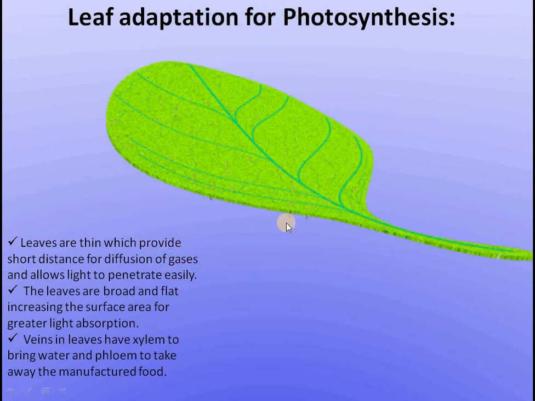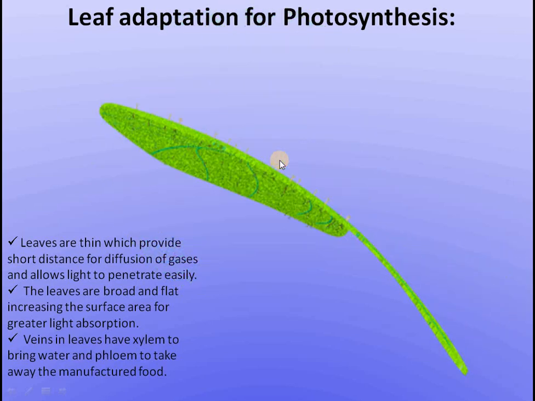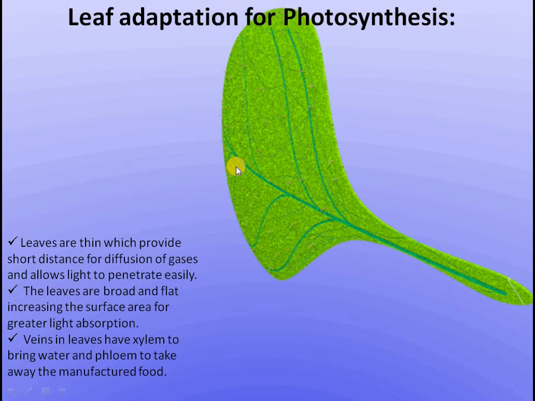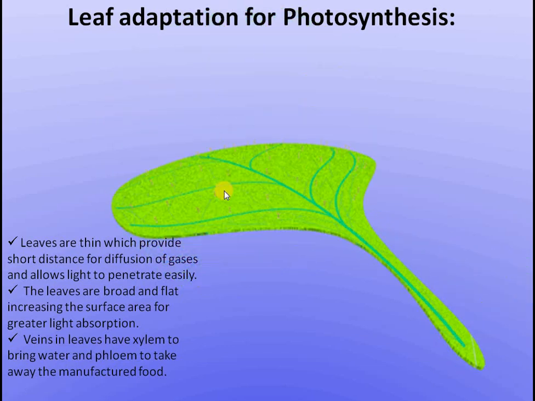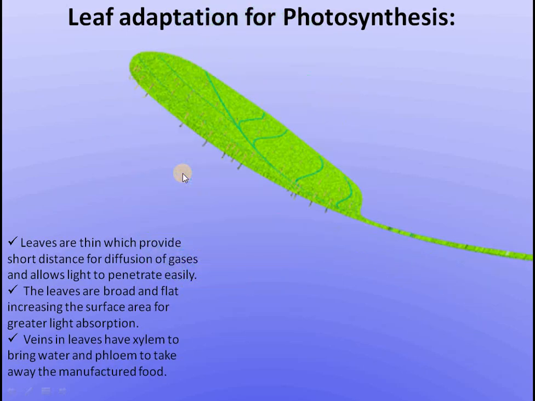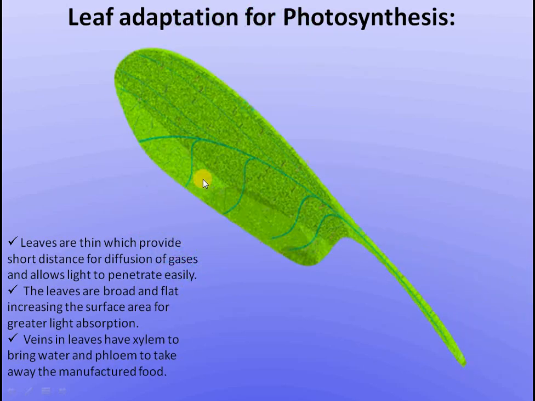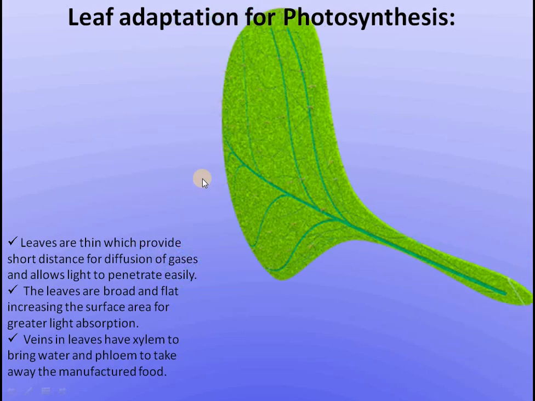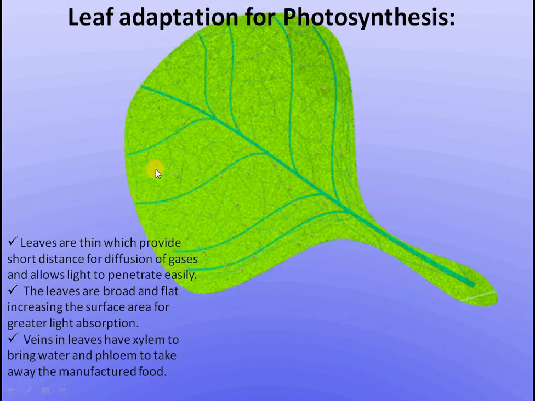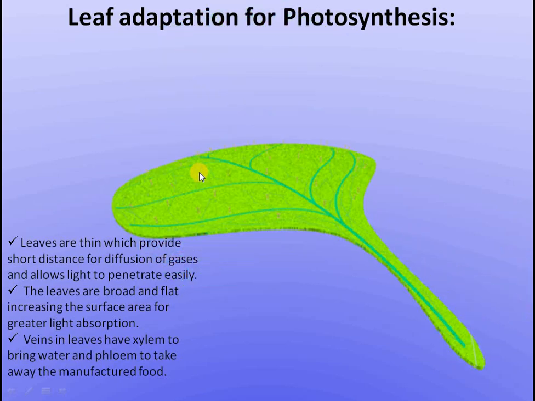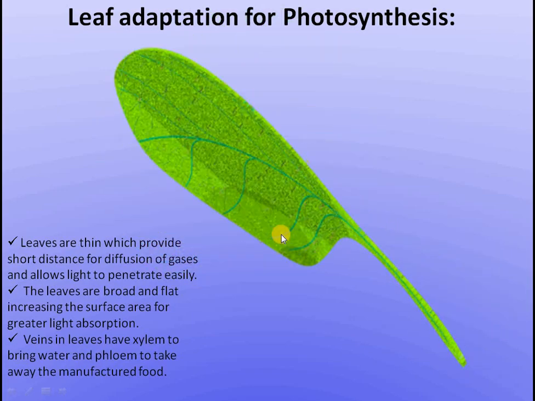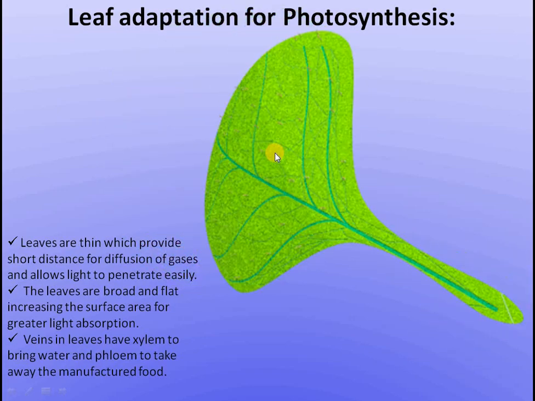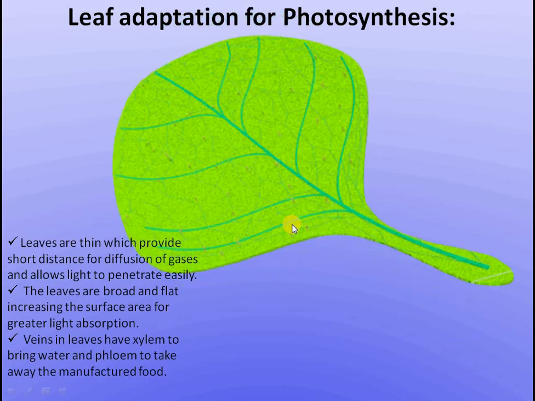So when the leaves are thin in structure, it means that oxygen can come out easily and carbon dioxide can go into the leaf easily. They will have to face little hindrance or obstruction since they are thin, so the gases can diffuse in and out very easily. The leaf structure is also very broad and flat, increasing the surface area for more light absorption.